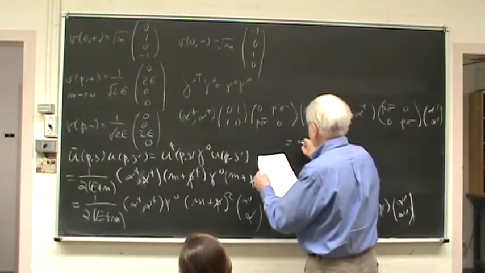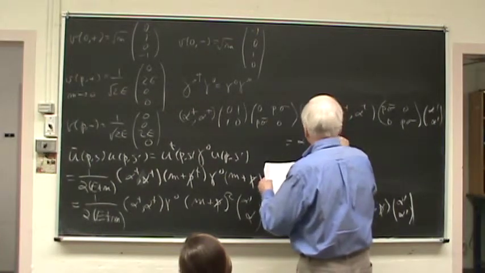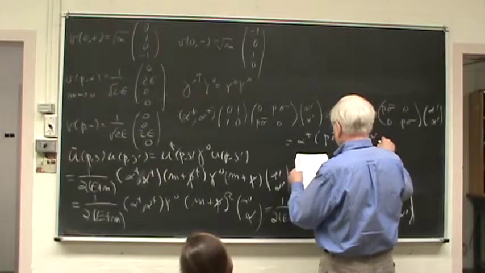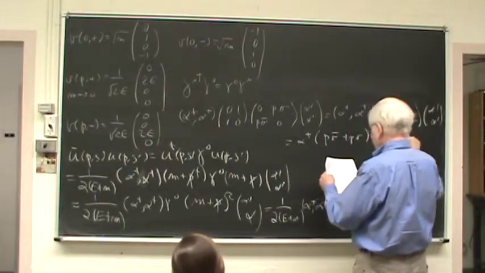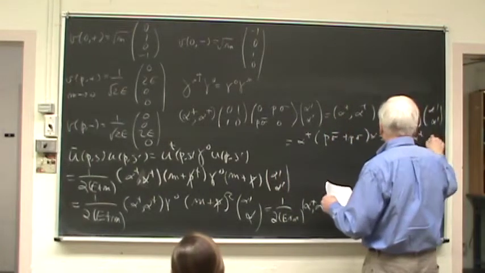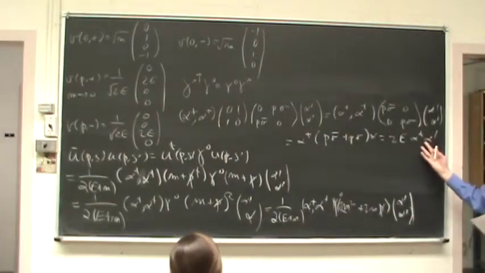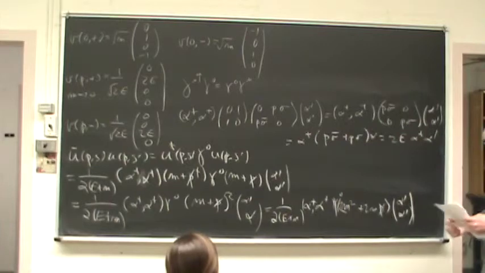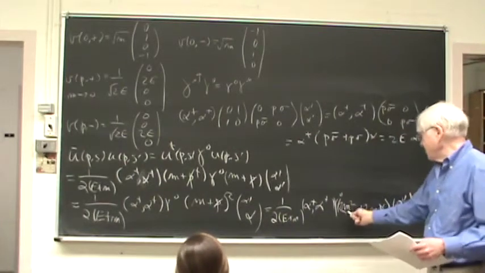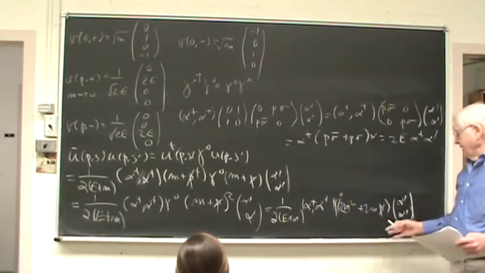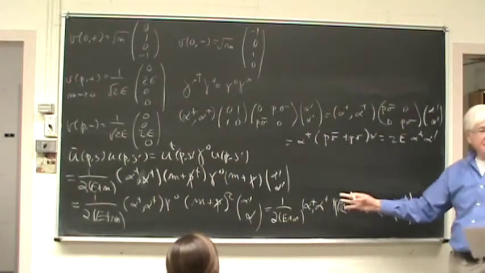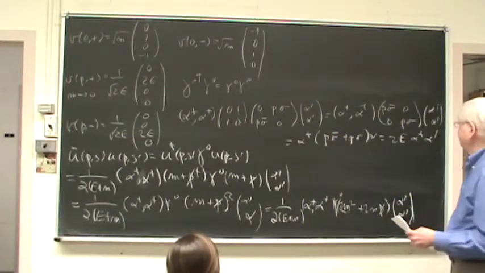It becomes alpha dagger, p sigma bar plus p sigma, alpha, and that's just 2e alpha dagger alpha prime, which of course is delta SS prime. So there's a 2e. But there's also this term, 2m squared. And because this is a 2 vector, it's really effectively 4m squared.